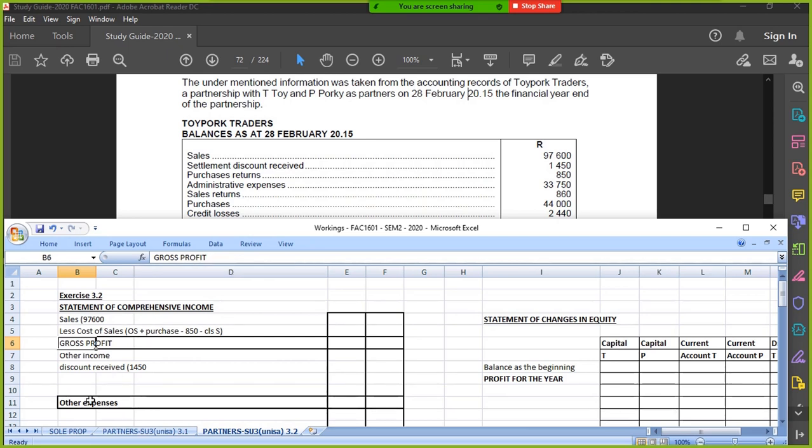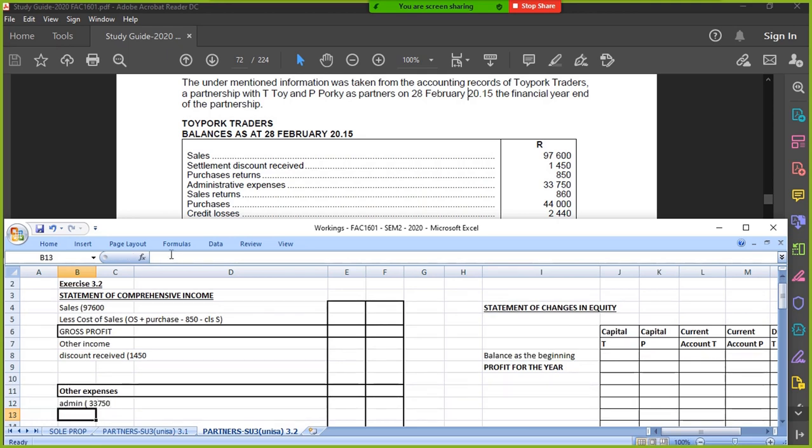All right, admin expenses, 33,750. Sales returns, 860. Purchases, 44,000. Yes. Credit losses, 2,440.